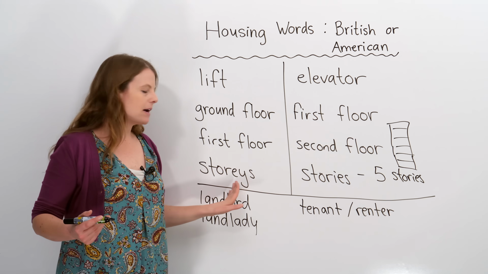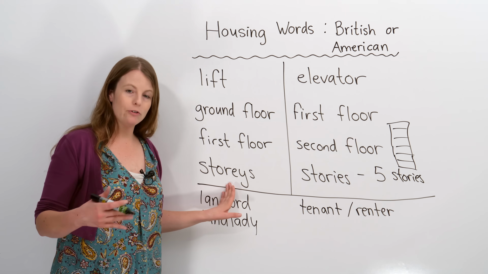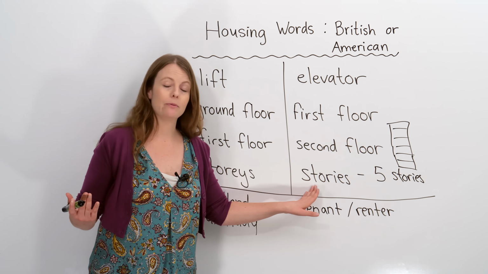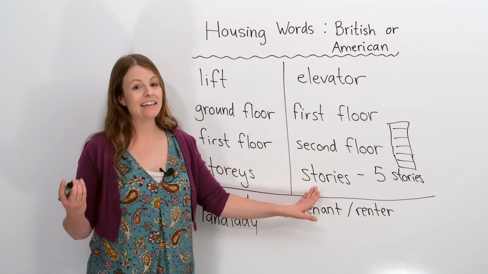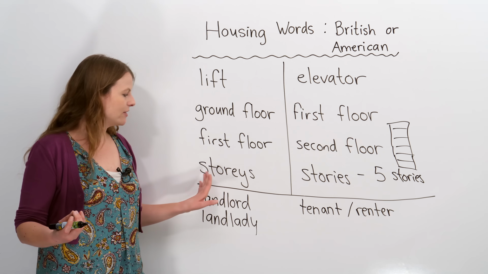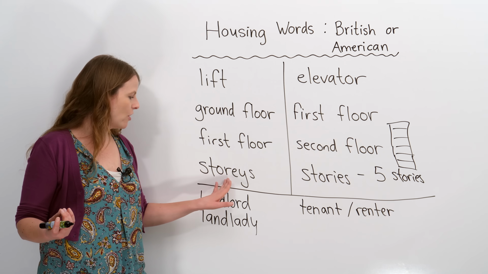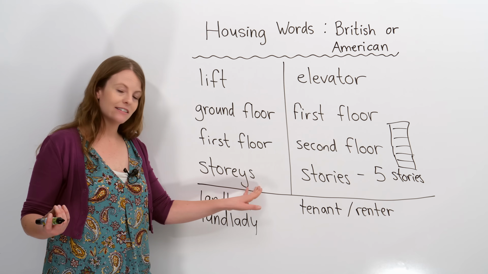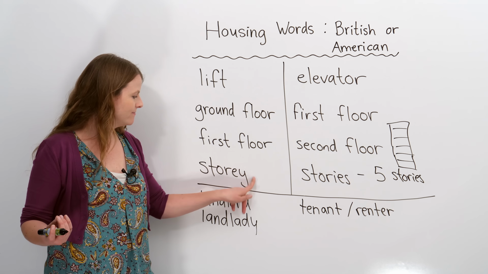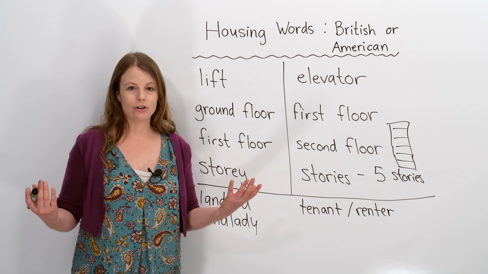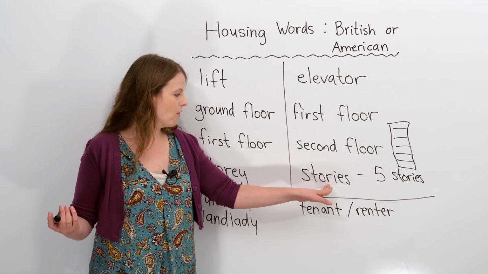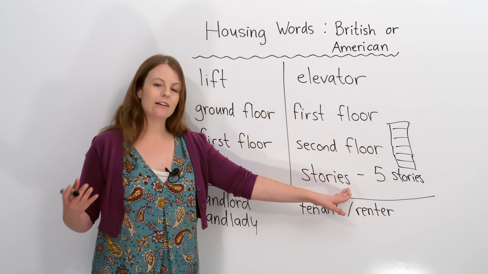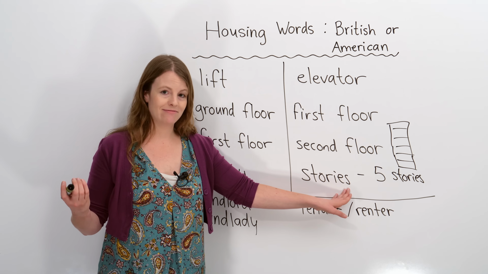So both people who speak British English and people who speak North American English use the same word, but the spelling is different. So in the British form, it's S-T-O-R-E-Y-S, or if we're talking about 1, there's no S. Whereas in the North American spelling, we have S-T-O-R-I-E-S when we're talking about more than 1.